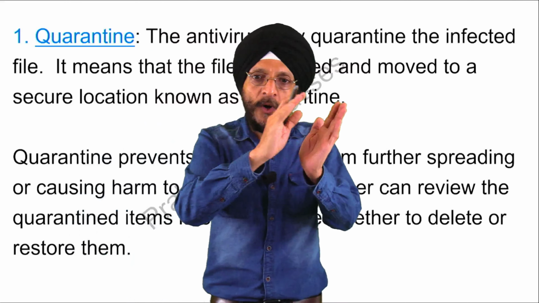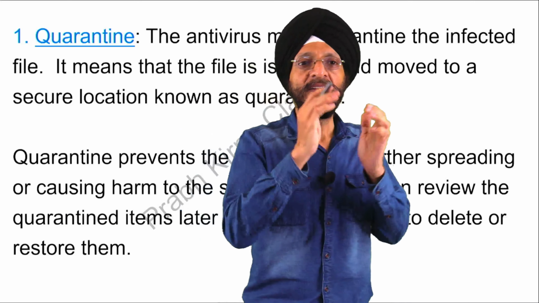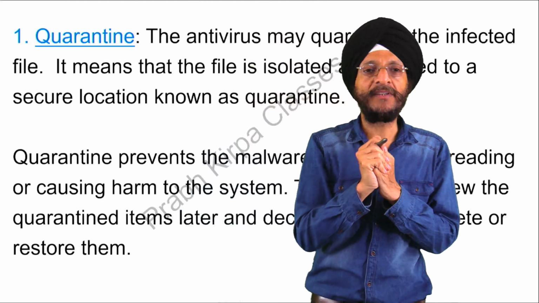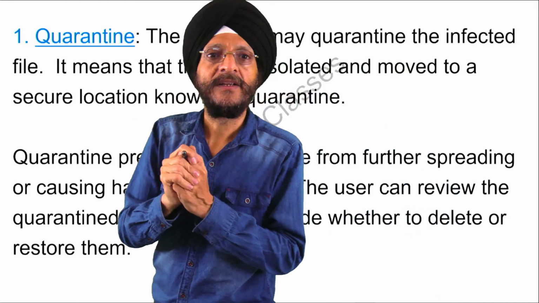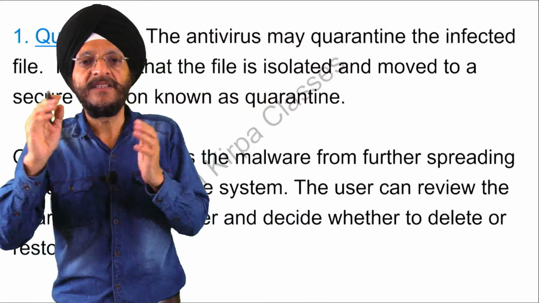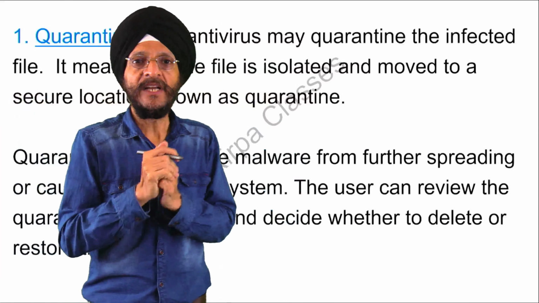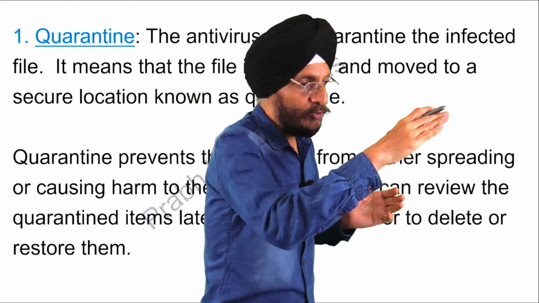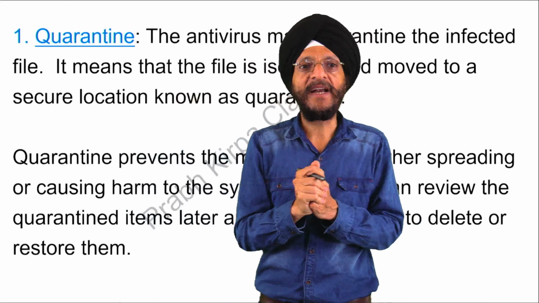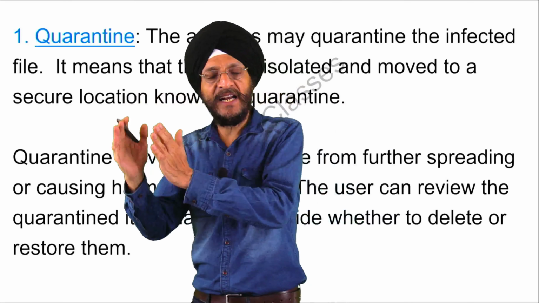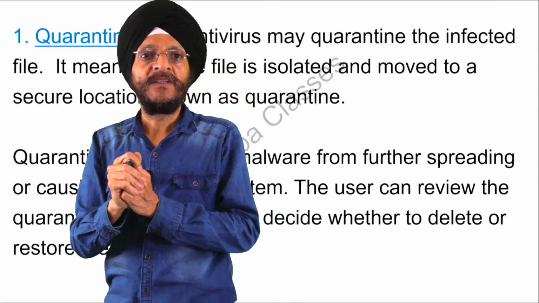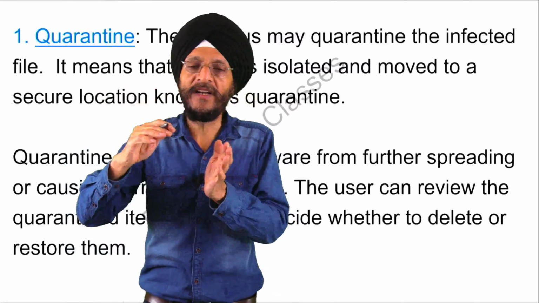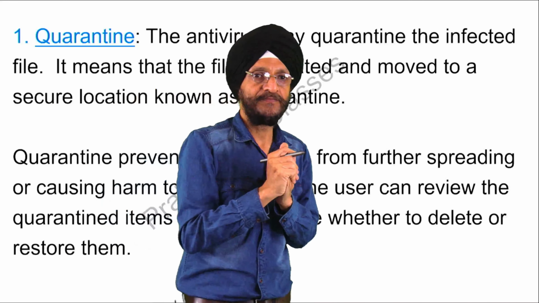Quarantine means to isolate. When the antivirus software detects malware, it may quarantine the infected file. It means that it may isolate the file and move the infected file to a secure location, which is known as quarantining the file.